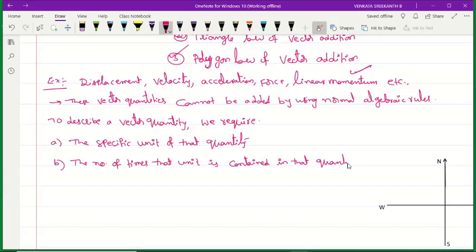The same points we discussed for scalar quantity. One more point in vector quantity is the orientation of that quantity. Orientation means making an angle. Any physical quantity that is a vector quantity should obey these three points.